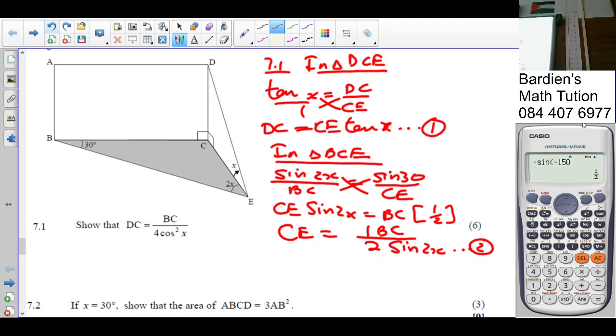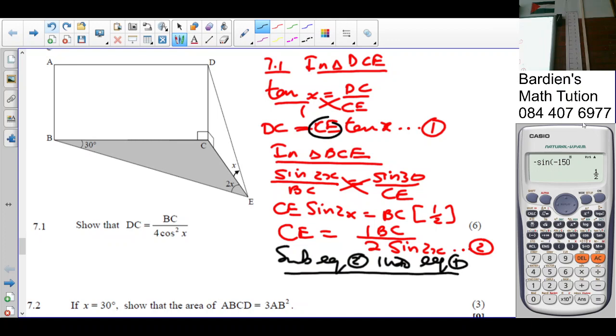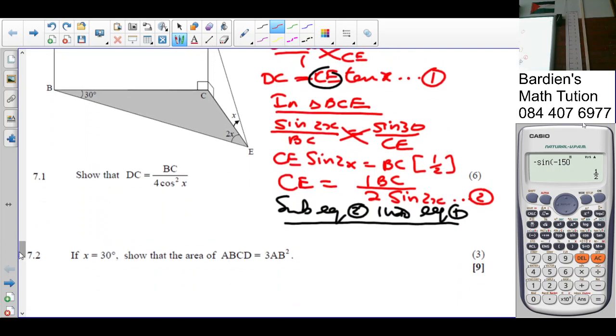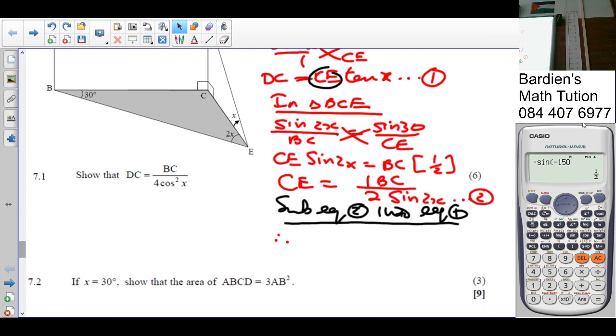So what do I do now? I'm going to substitute equation 2 into equation 1. So if I see a CE, I now replace it with that. Let's go with that now. We can conclude therefore, let's pull this down a bit.